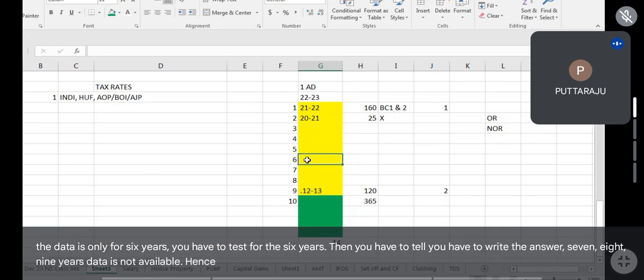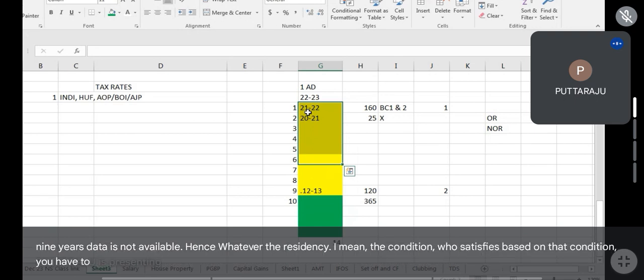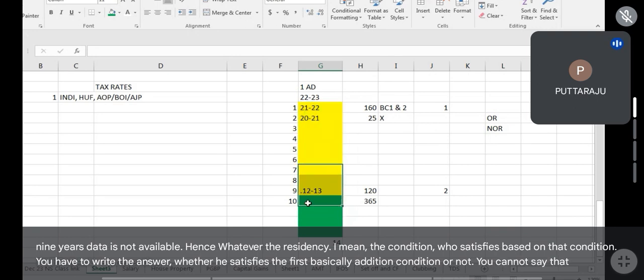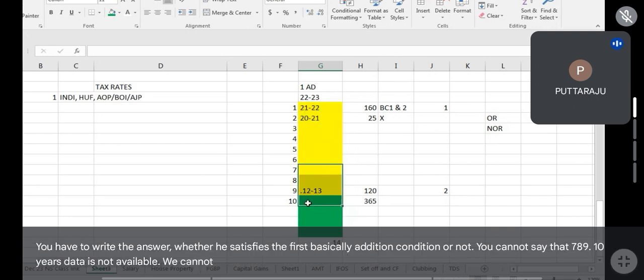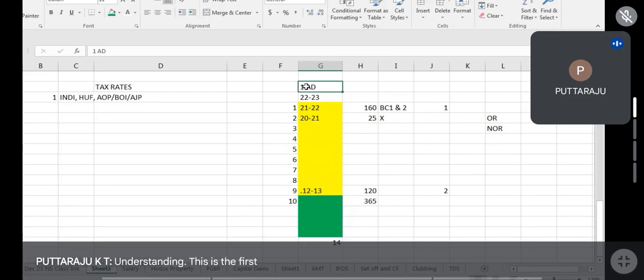Hence, based on whichever residential condition he satisfies, you have to write the answer whether he satisfies the first additional condition or not. You cannot say that 7, 8, 9, 10 years data is not available and we cannot test. Assume that he is not in India in 7, 8, 9 years. Understanding? This is the first additional condition.